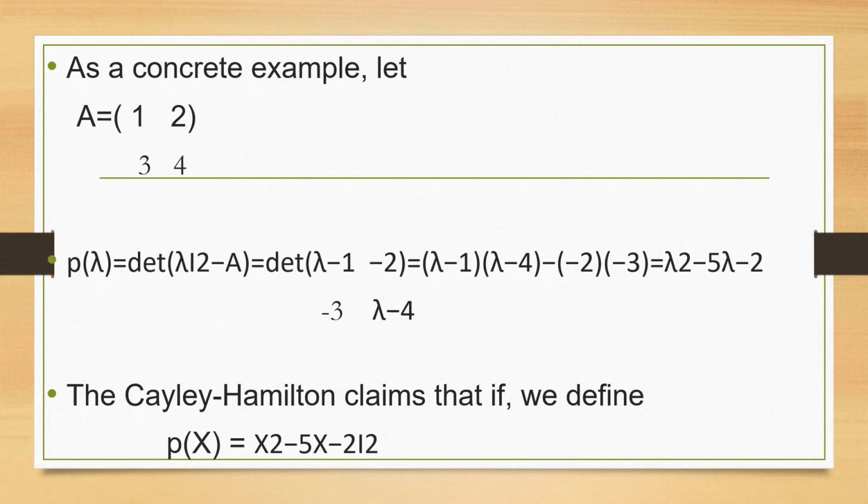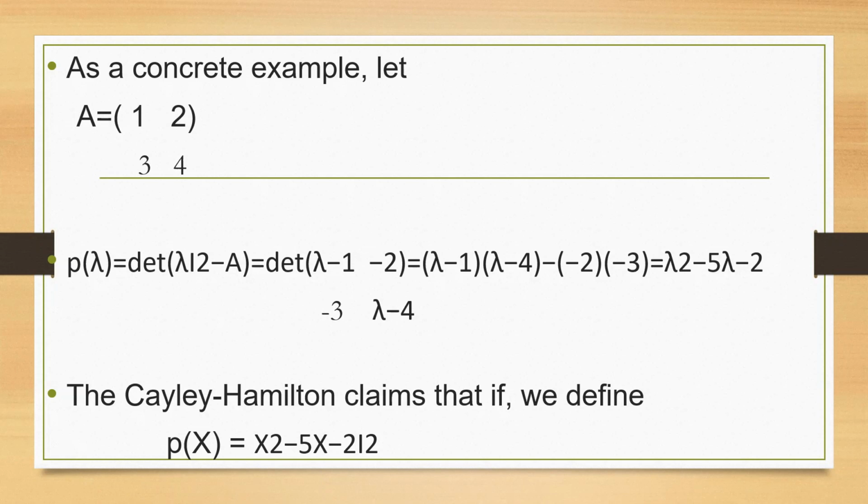Then in the second point, it is given that P of gamma is equal to det of gamma times the identity matrix of size 2 by 2 minus the square matrix A, which equals the determinant of a 2 by 2 matrix with elements gamma minus 1 and minus 2 in the first row, and minus 3 and gamma minus 4 in the second row.